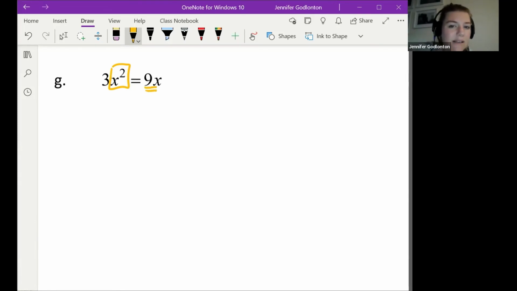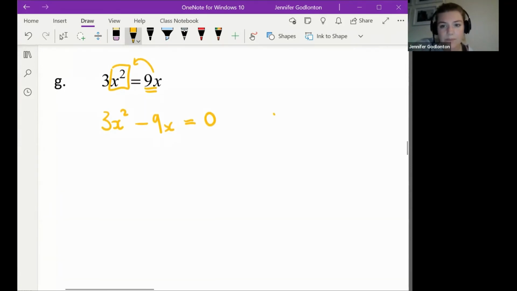So this 9x is in my way at the moment. I've got to move that 9x over so that it's equal to 0. So I'm going to say 3x squared minus 9x, because it's jumping over the equal sign, is equal to 0. That's our first step, equal to 0. Second step, factorize.